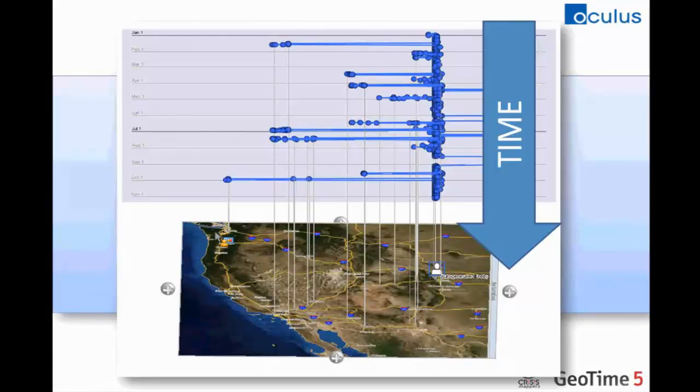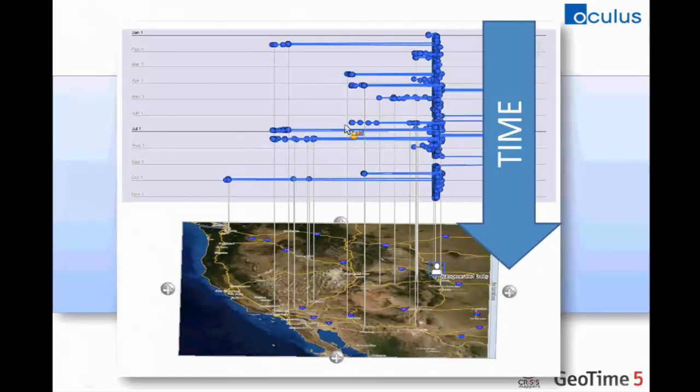Each one of these dots is a GPS point or an event that we're recording in space and time. As we play back these events through time, we start seeing a sequence of events unfolding, and we see how these events are related to each other through the lines that connect them. As we map them, we can correlate time and space in one unique view.